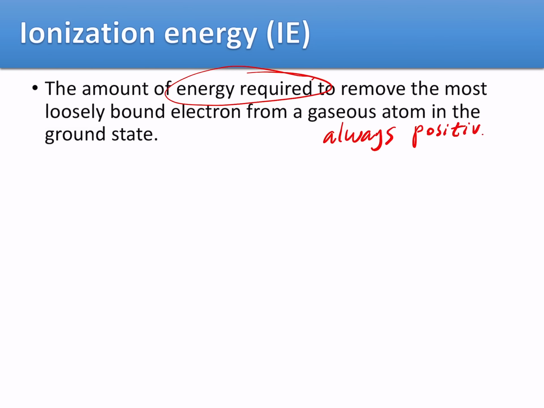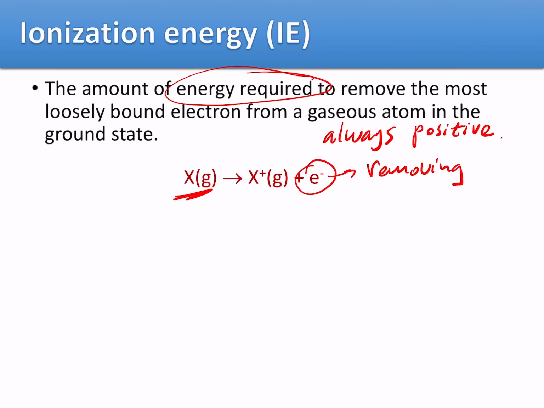You have to provide energy to remove that electron, and it's related to a particular reaction. The reaction is you have your atom in the gas phase. This is very important. You have the atom in the gas phase, and then you are removing, or losing, an electron.